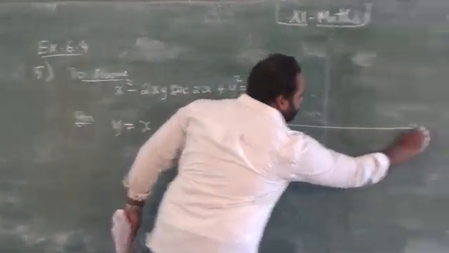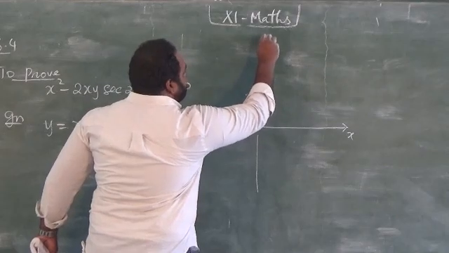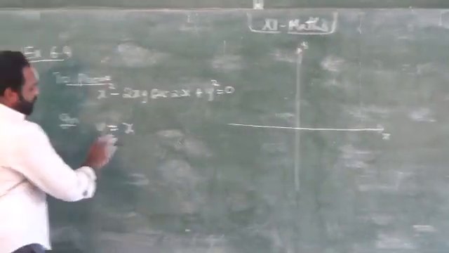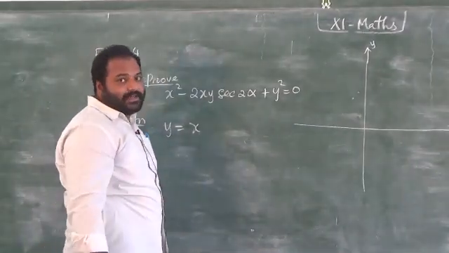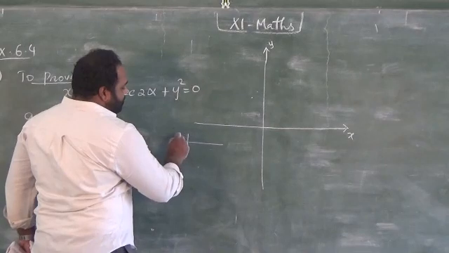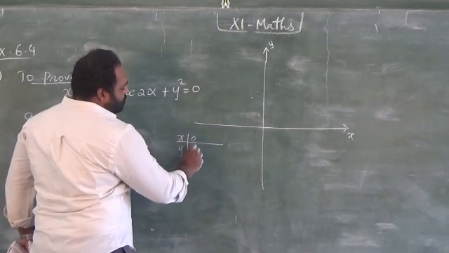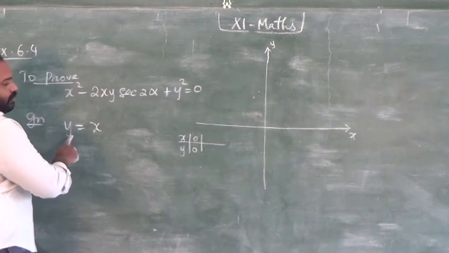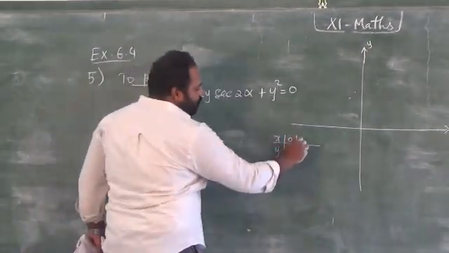Here x axis, this is y axis. So here y is equal to x. How can we draw the diagram? First I am going to give the units, whatever values you give. y 0, x 0; now y 0, x 1, y also 1.